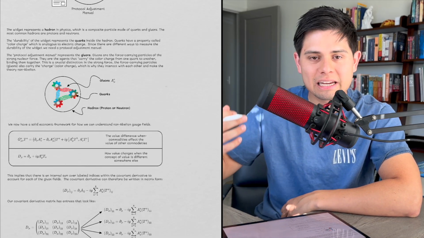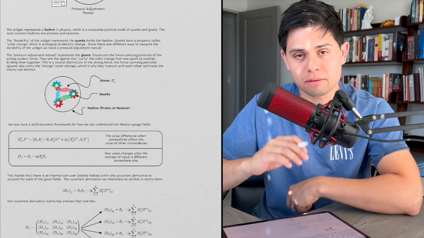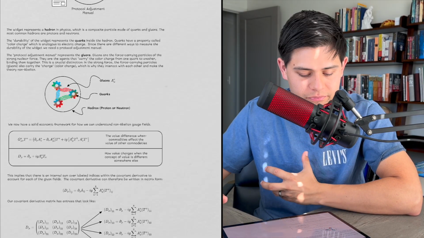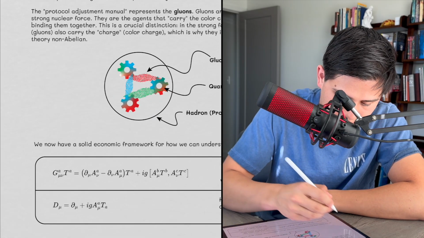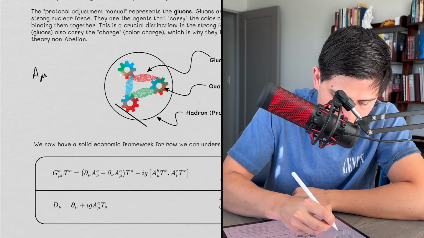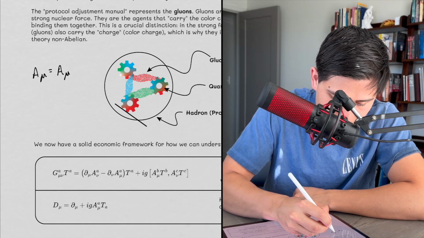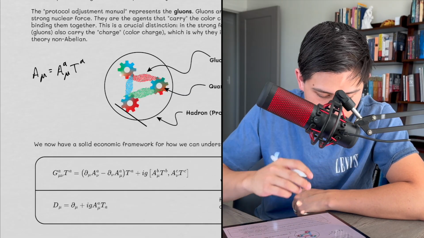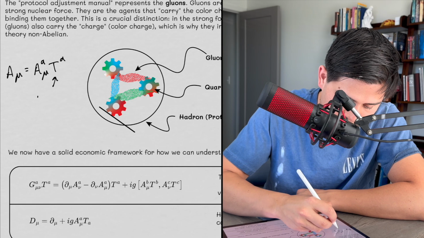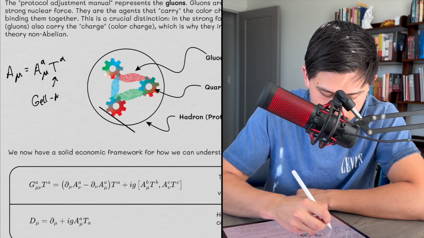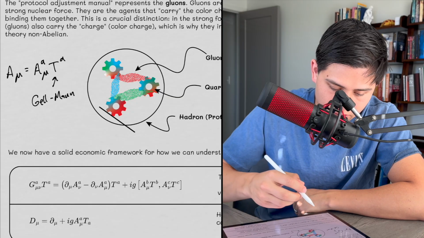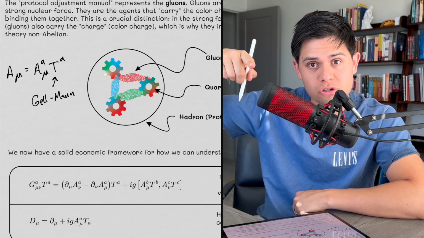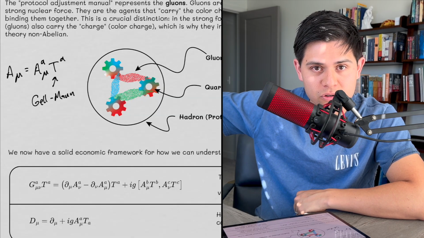And we'll get into this, because when we start looking at the matrices, which is what we're going to look at in the next video, a matrix theory for quarks, when we look at this equation again, A mu equals A mu A t A, we're summing over A. In the Gell-Mann case, we have 8 of them, right? But they're 3-dimensional. So there's 8 3-dimensional matrices.